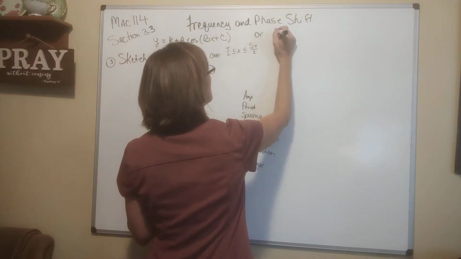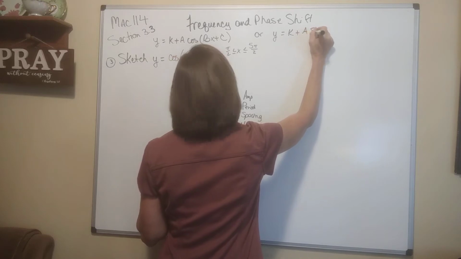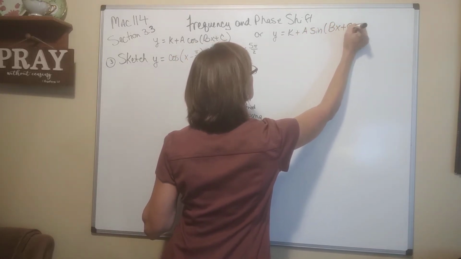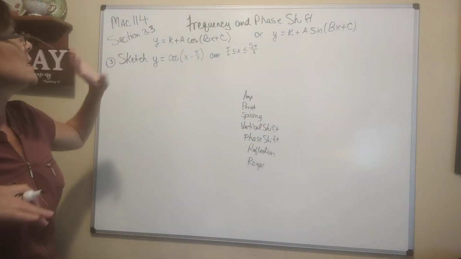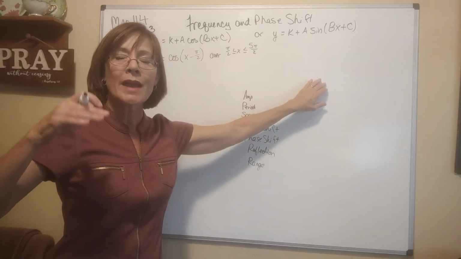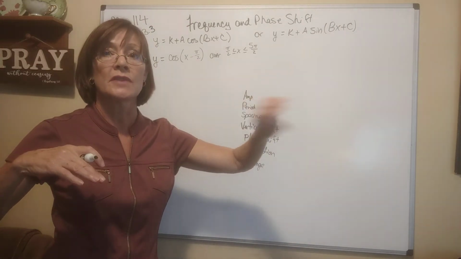Or y equals 2k plus a times the sine of bx plus c. Now, when our equation is written like this, it's not quite so easy to see what the phase shift or the horizontal shift is.